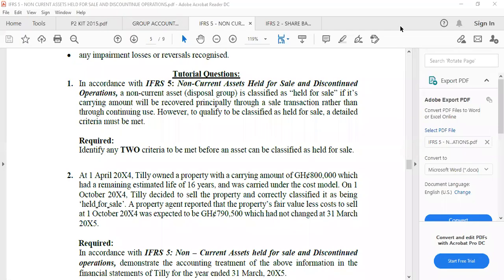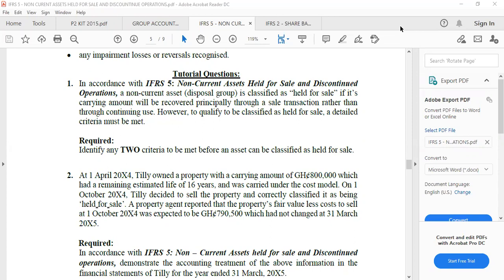Let's forget the rain and continue. Let's solve question 2. Who is reading question 2 for us? At 1st April 20x4, Tilly owned a property with a carrying amount of 800,000, which had a remaining estimated life of 16 years and was carried under the cost model.